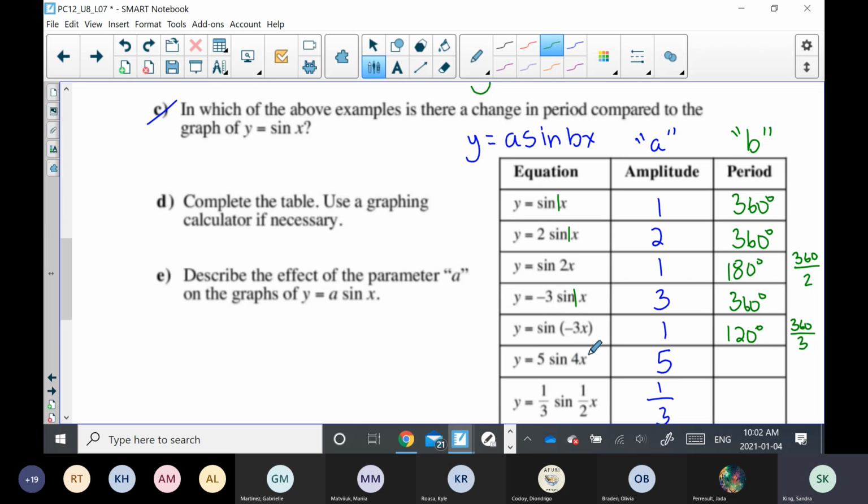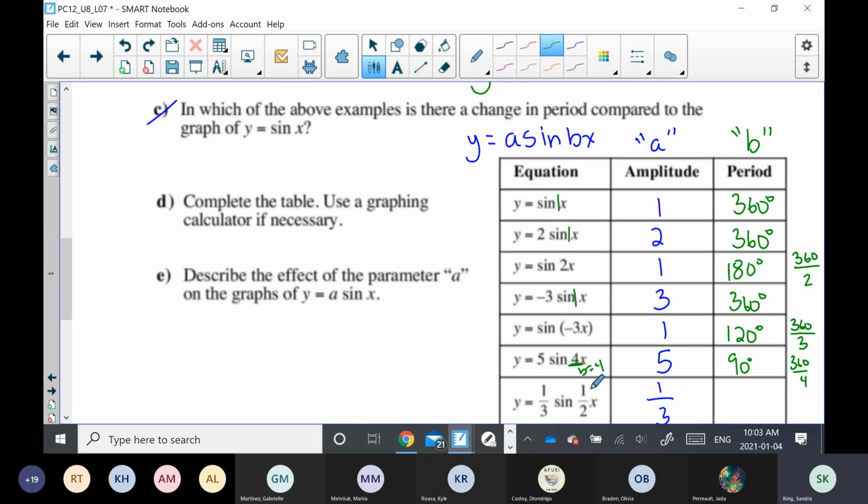This one, 360 divided by 4. So my B value is 4. So this period is going to be 360 divided by 4. If you type that into your calculator, this graph is going to have a height of 5 from the midline, and it's going to repeat itself every 90 degrees.